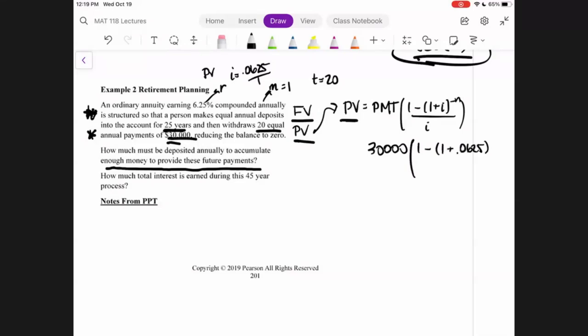And then your N would be the same as your T because it's compounded annually.